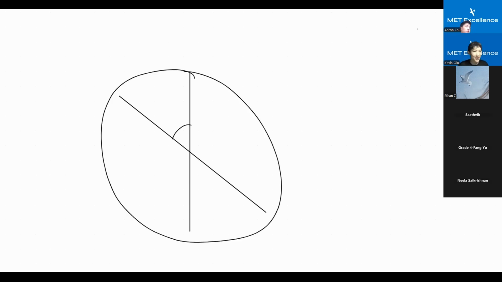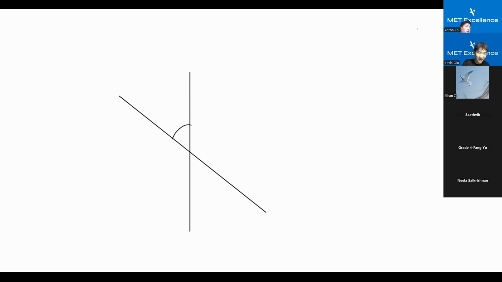That's a really bad circle, actually. I should change that. If I was more artistic, maybe this would be a better explanation. But what this angle measures is what portion of this circle is caught between these two lines.